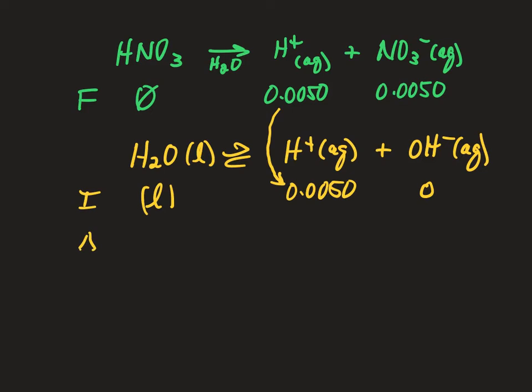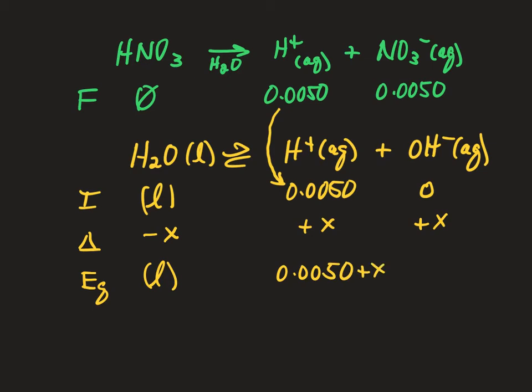So our change is going to be, since we have 0 of a product, we have to dissociate some reactant. We're going to make more of that, and more of that. And when we reach equilibrium, we're going to have still liquid water, just a teeny bit more hydrogen ions, and some number of hydroxide ions.